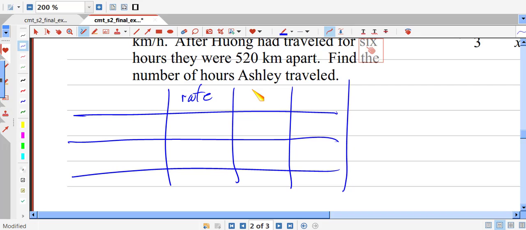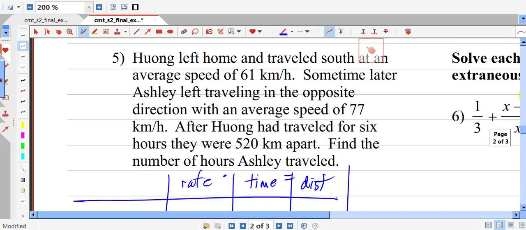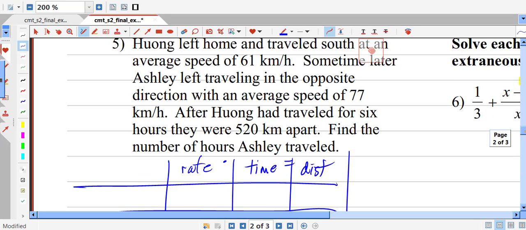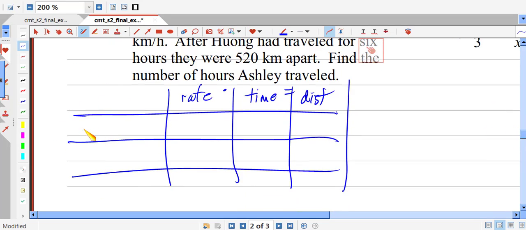So rate times time equals distance. Then I have two people, Wong and Ashley. Find the number of hours Ashley traveled. So I'm going to make her time be x.